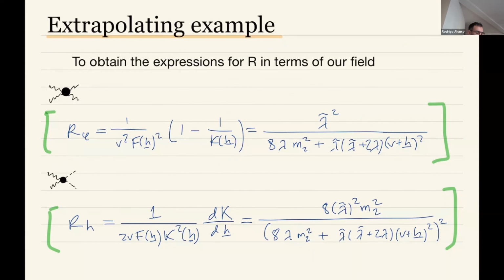Again, all of this I encourage you to do yourselves. It will look something like this. The curvature for phi, which remember is related to the scattering of Goldstone bosons, is proportional to the lambda tilde squared term.